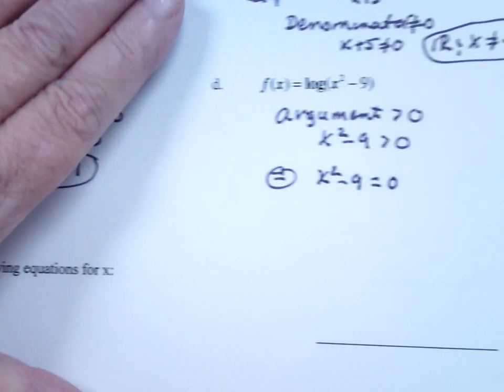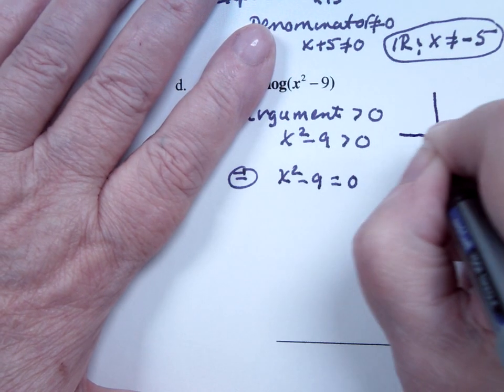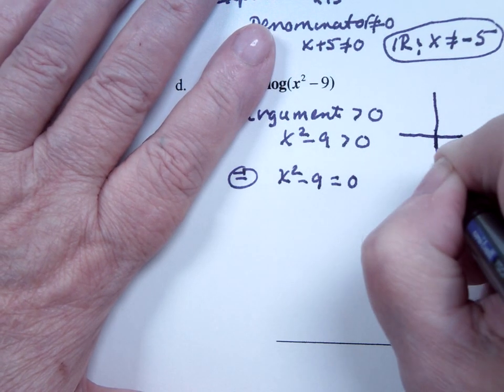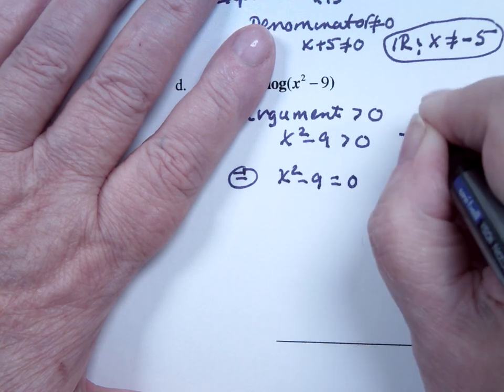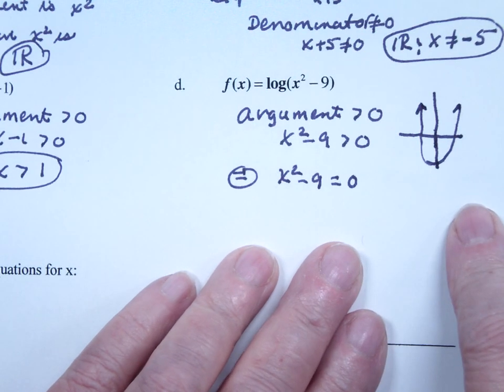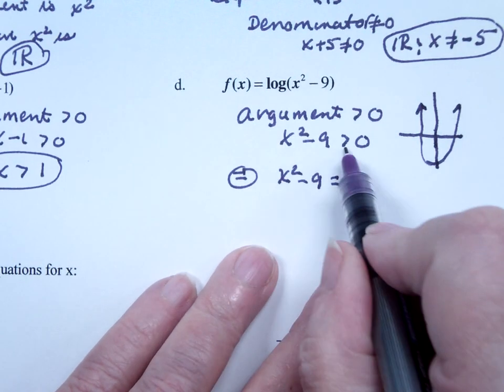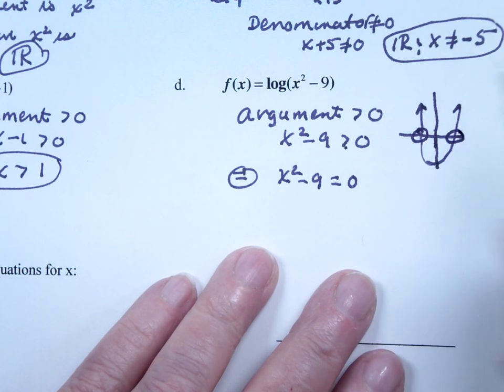Now, what we know about x squared minus 9, our basic function is x squared. He's moved down 9 units. So that's a transformation. That's what he looks like. I want this guy to be positive. So from the graph point of view, where is he positive?